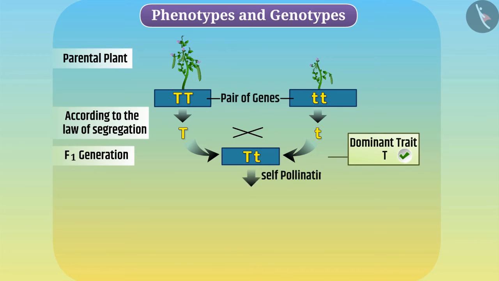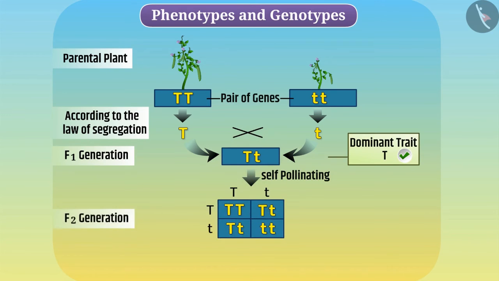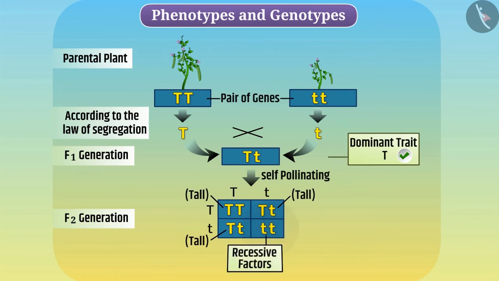After self-pollinating the F1 generation plants, F2 generation plants will have various combinations like this. Since tallness is a dominant character, these plants will grow tall. And plants that grow from recessive factors will be dwarf.